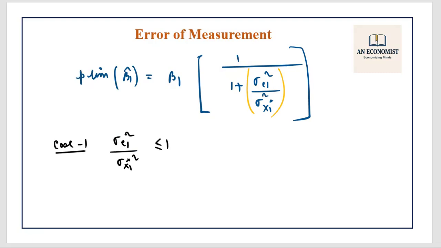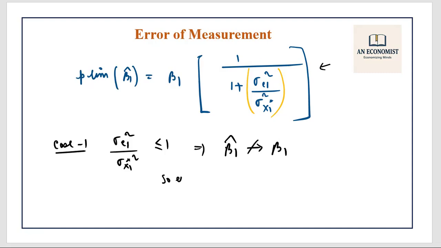So usually the variance of the unobserved explanatory variable should be more. This is a more realistic scenario. If this happens, then what can you say from this expression? We can say this implies beta 1 cap will never tend towards beta 1.